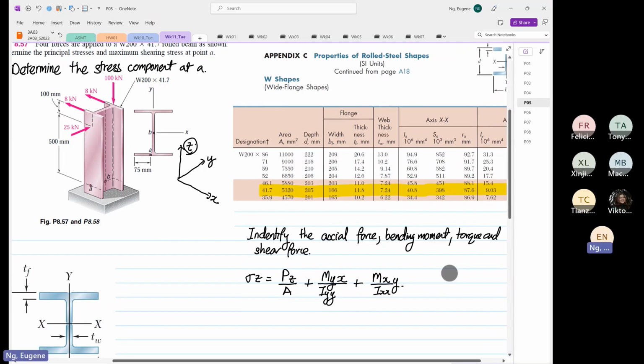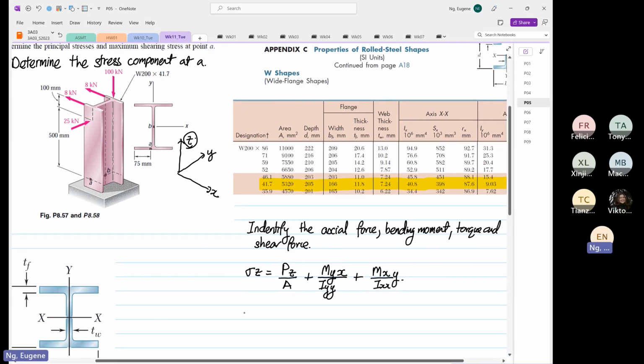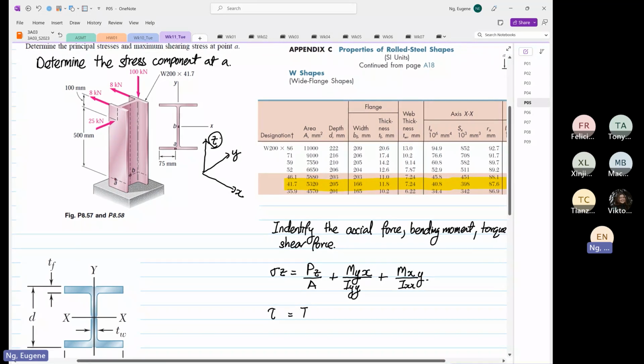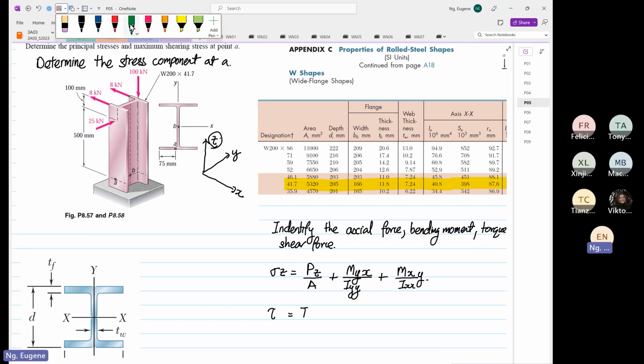In the shear, we don't know what it is yet. I mean, I don't know xy or xz, we don't know yet. But we know that if there's a torque, it's going to be in the z direction. Why z direction? The torque is in the z direction because if I were to draw the centroid, I'm going to sketch the centroid in green now.